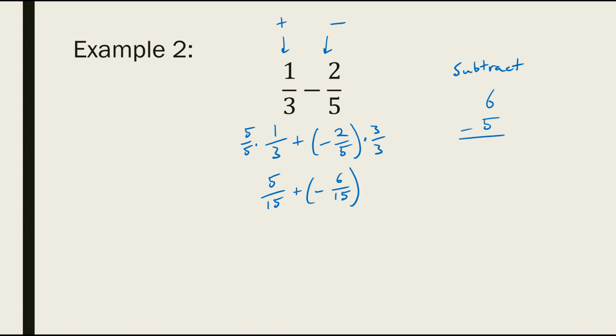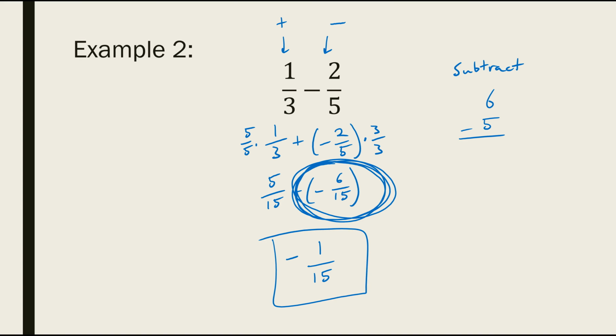When I do 6 minus 5, I get 1, and that's over 15. But now I need to ask myself which pile was bigger to begin with. And in this case, it's clear that the 6 over 15 pile was bigger. That was negative. So when all of the carnage and the cancellation is done, I will have negative 1 over 15.